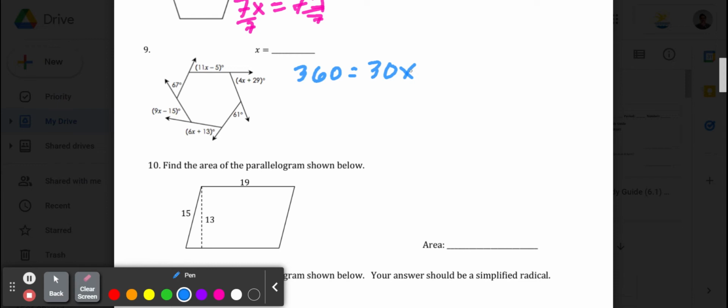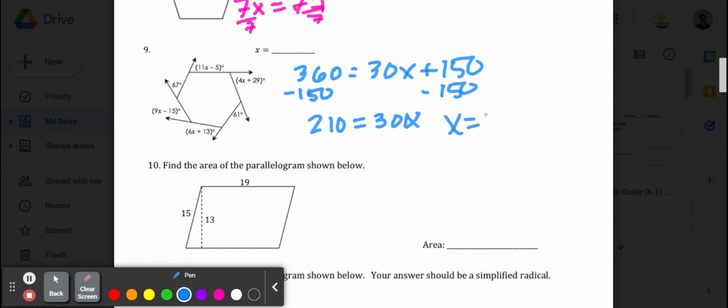Shoot, I already had 67, so subtract that 67. So I think it's 150. Subtract 150 from both sides. So we get 360 minus 150, so 210 equals 30x. And then divide by 30. X equals 7.